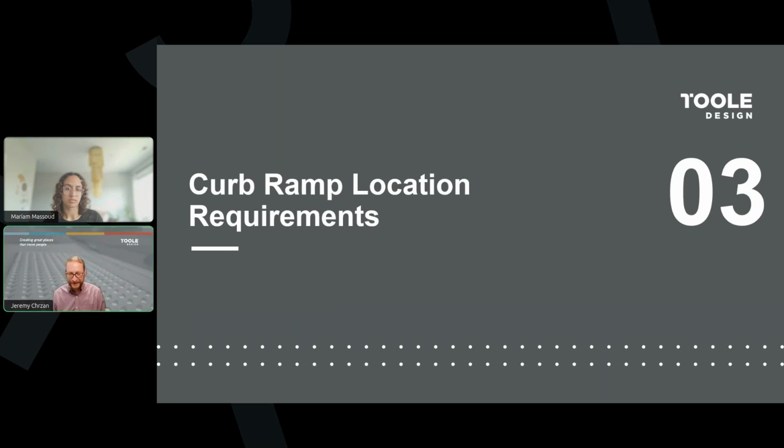I've reviewed many developer projects where this comes into play, where you are disturbing one corner of the intersection, but it requires you to evaluate the crossings that extend from your corner to the adjacent corners.